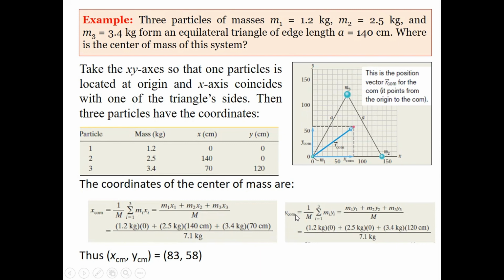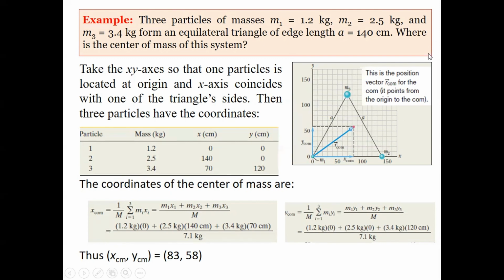Similarly, the y value for the center of mass is 1 over the total mass multiplied by the sum of m_i y_i, which is m1y1 plus m2y2 plus m3y3, and once we substitute the values, we can find the y coordinate.